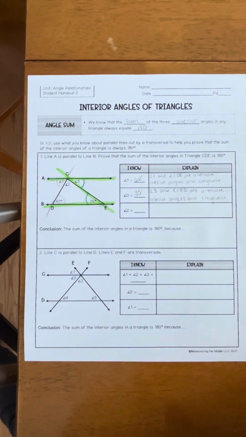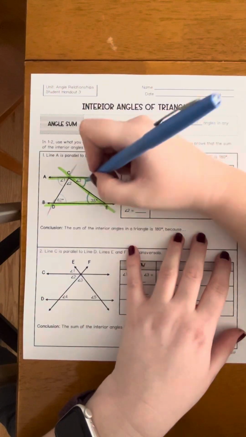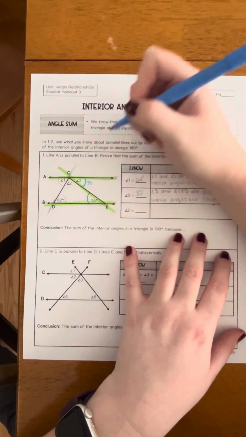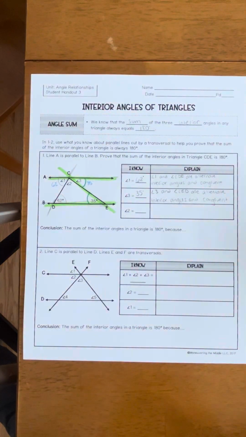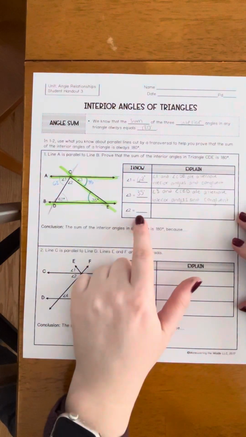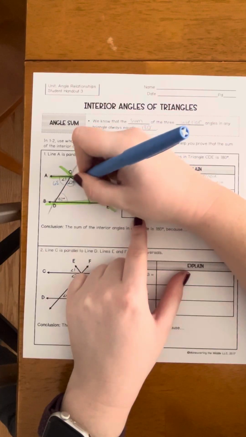So we could go ahead and write in those new angle measures that we know. We know this angle is 35 degrees and this angle is 62 degrees. And the last thing we have to figure out is what this angle 2 is.